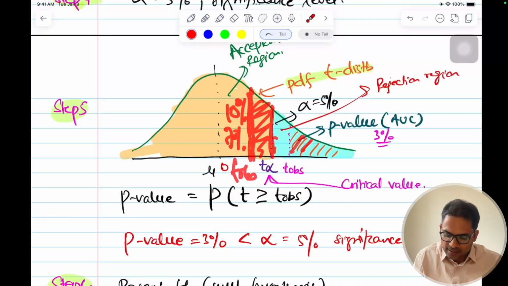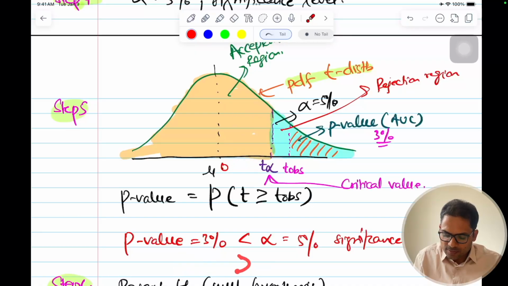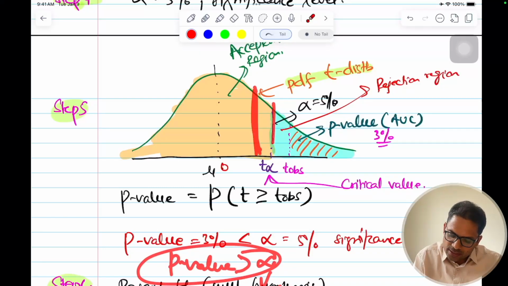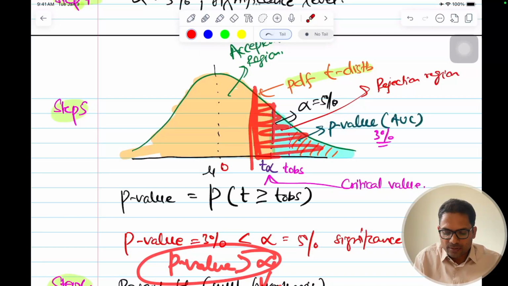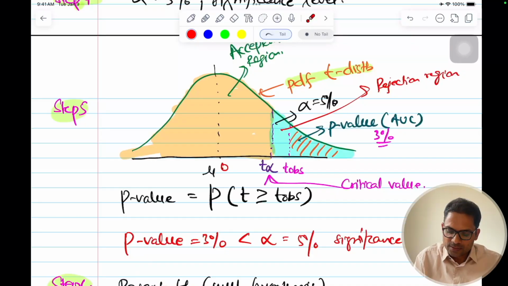Then automatically my p value will become greater than alpha, and I accept the null hypothesis. Because this is just the PDF's area, it checks the probability of t greater than or equal to t observed. I hope this is clear.